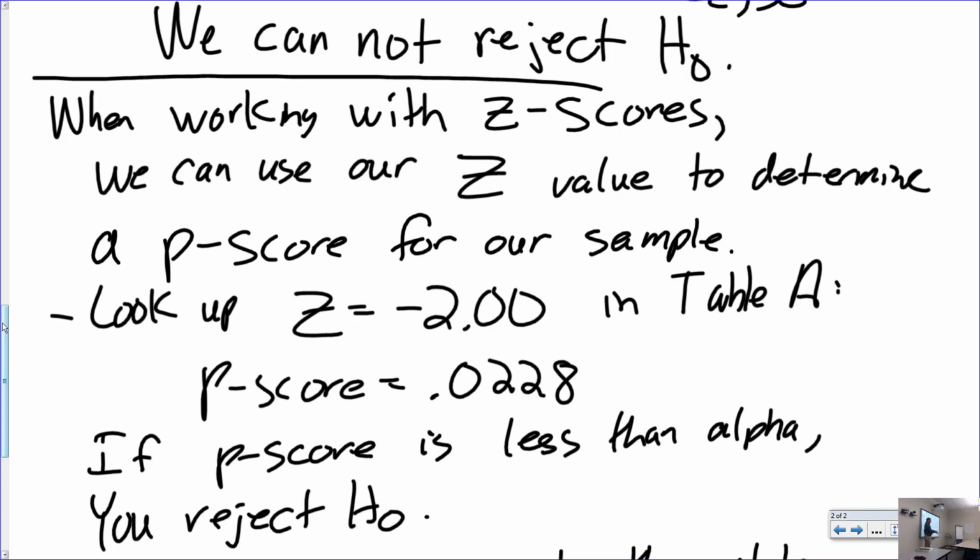Based on that, you can then write your conclusions. If you were doing this for alpha equals 0.01, you cannot reject. If you were doing this for alpha equals 0.05, then actually you can reject, because if alpha was 0.05, this number is less than it. At a 0.05 level of significance, you can reject the null hypothesis.